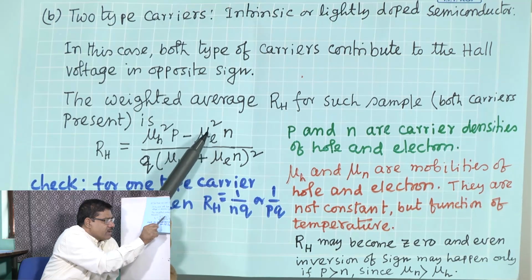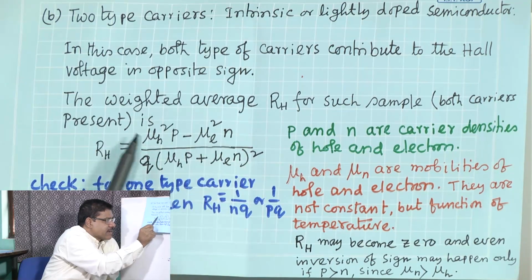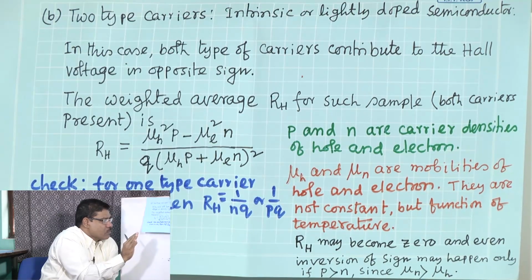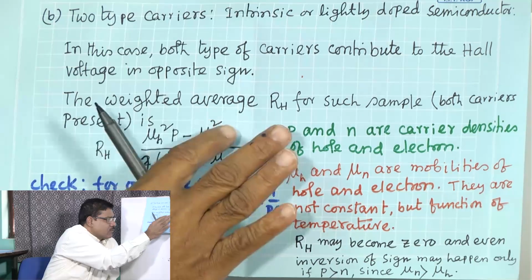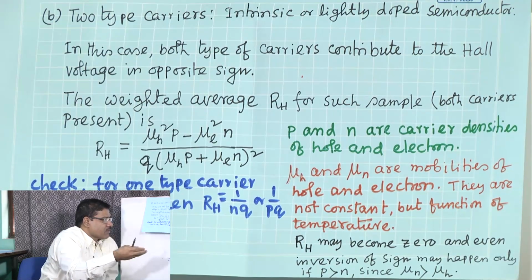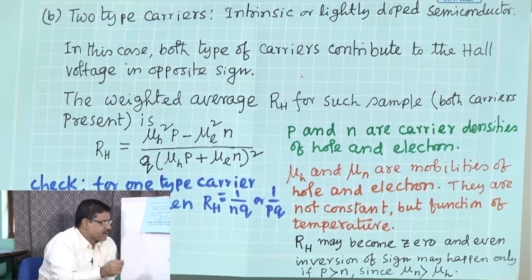Now with temperature, what will happen? This value will decrease, this value will decrease, and we get an inversion of the Hall coefficient R_H, meaning it changes from the positive side to the negative side.